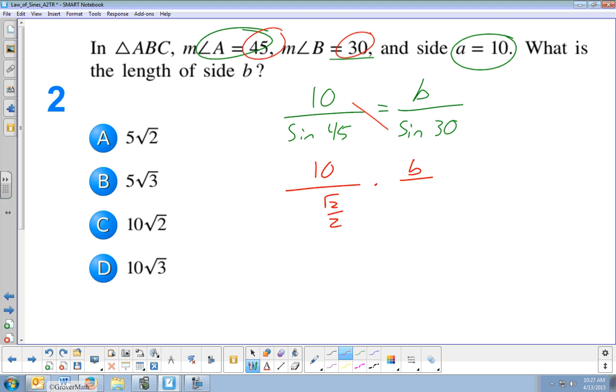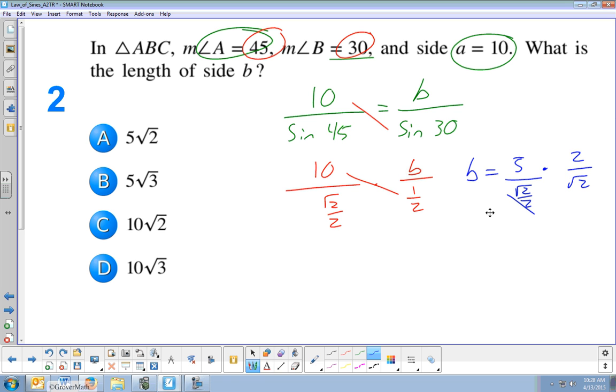And b over sine 30. Sine 30 is 1/2. So 10 times sine 30 is 5. And then I would divide by radical 2 over 2, which is really easier thought of as multiplying by the reciprocal, 2 over radical 2, right?